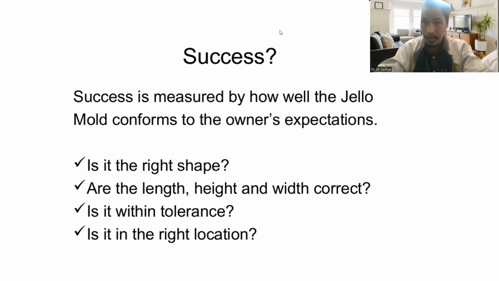So not only aesthetic, but some sort of dimensional accuracy. Our accuracy is about 0.5 inch. So that is not a good accuracy, but in our discipline, that is great. That is acceptable. It is tolerated in our discipline. It is within the right location.